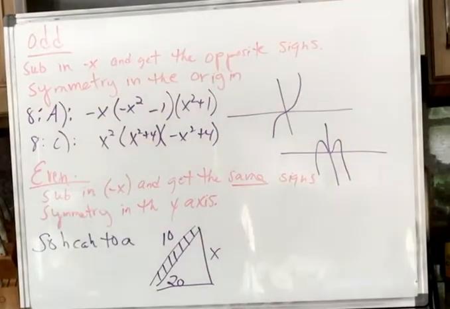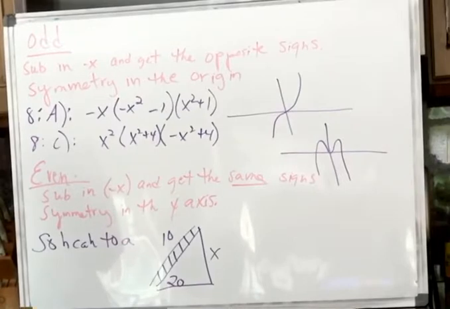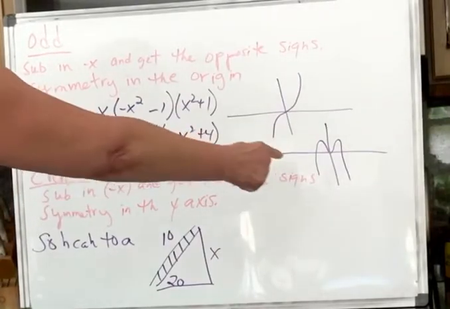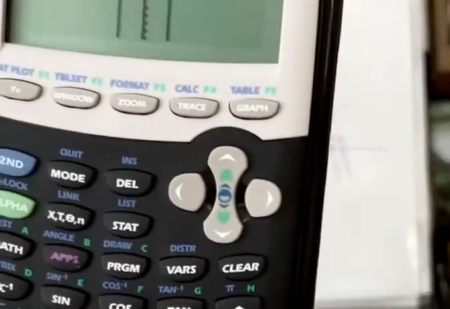Next, I want you to take a look at 8c. This is the function that 8c is. I'm going to put that in my graphing calculator. And what I'm going to look for this time is to see if I can find some symmetry in the y-axis. I'm using, again, the graphing approach to finding even and odd functions. So your graph looks like an M shape. Here it is, an M shape. I'm not turning it upside down.